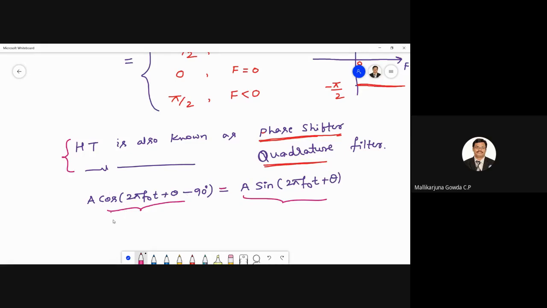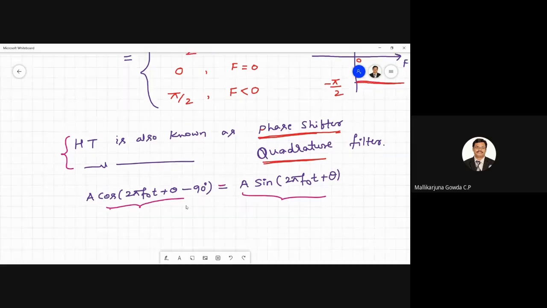Just now I took the spectrum of the Hilbert transform as minus j sgn of f, and I derived all these things. I found what is the magnitude response and what is the phase response. Based on that, I said what is the function of the Hilbert transform. I hope you are aware of the inverse Fourier transform.